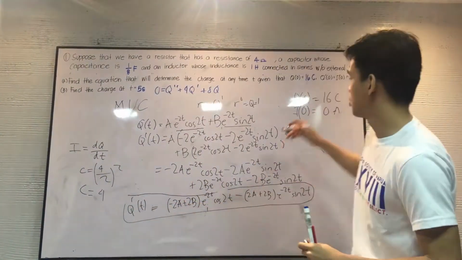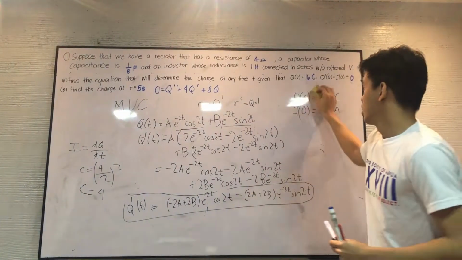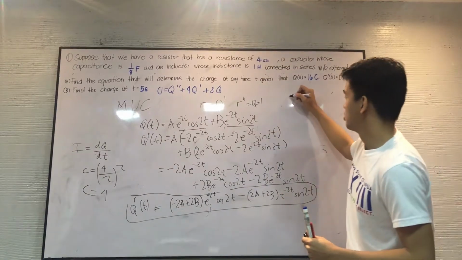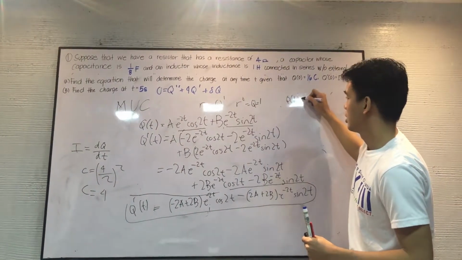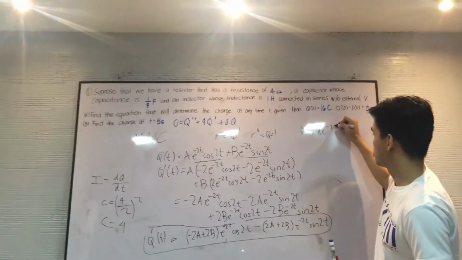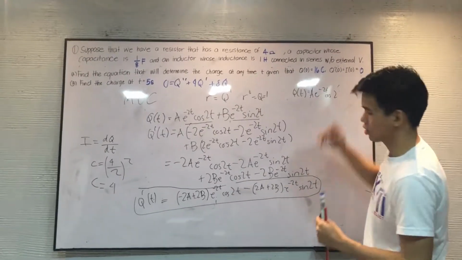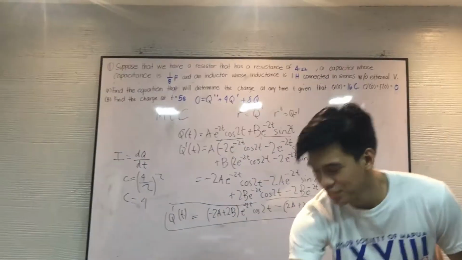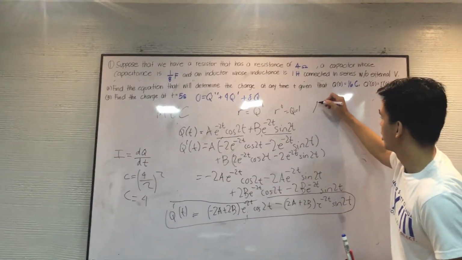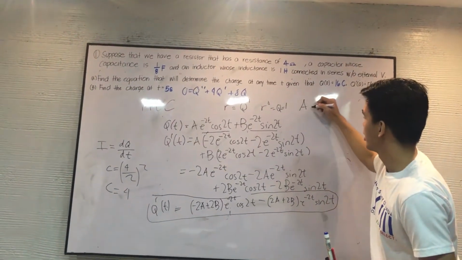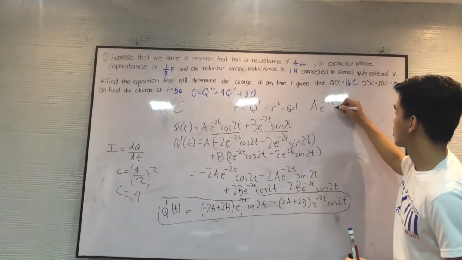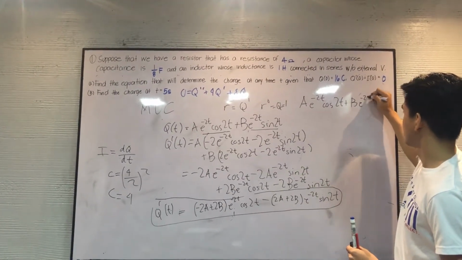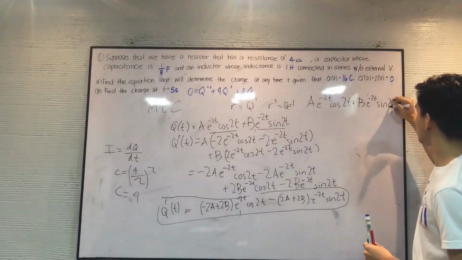Now we have our solution, which is a e^(-2t) cosine 2t plus b e^(-2t) sine 2t.